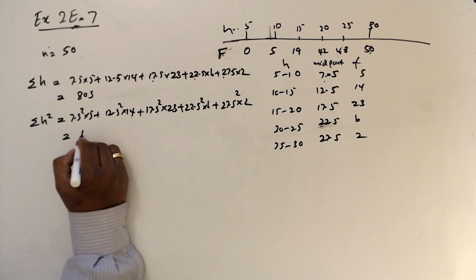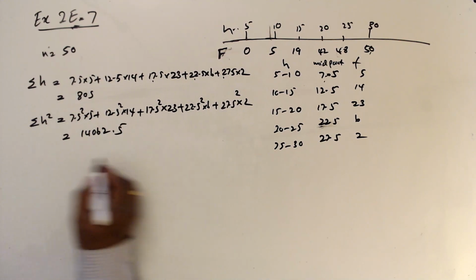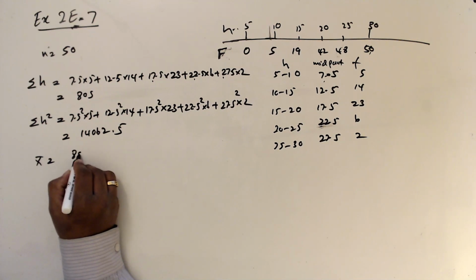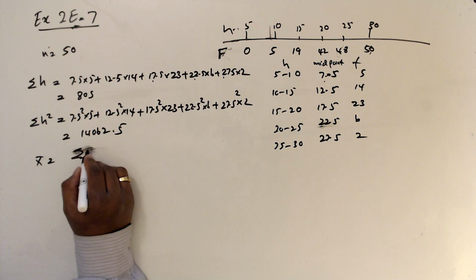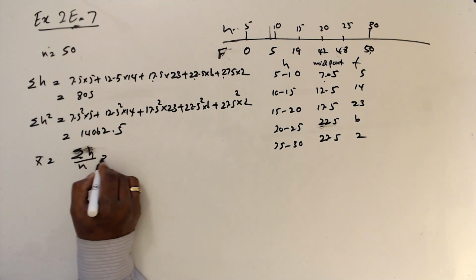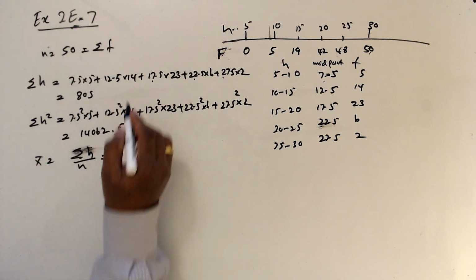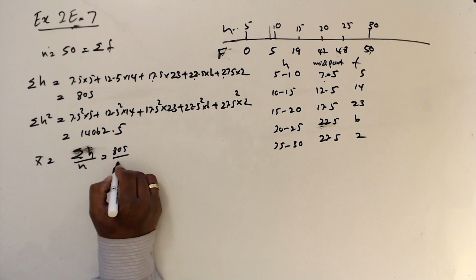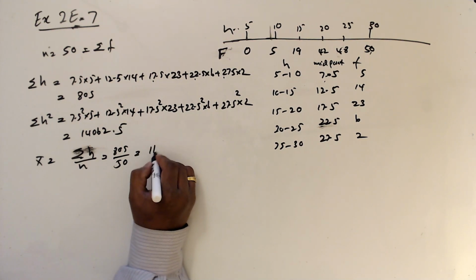So this value is 14062.5, and X bar, the mean, is now 805, summation H over N, summation F. 805 divided by 50, that is going to be 16.1.